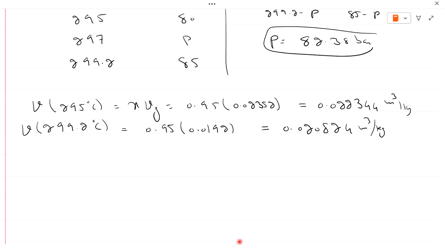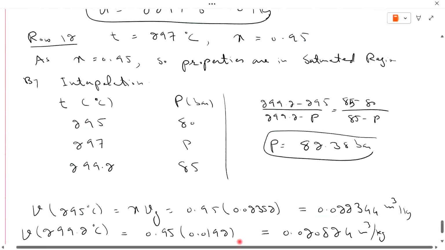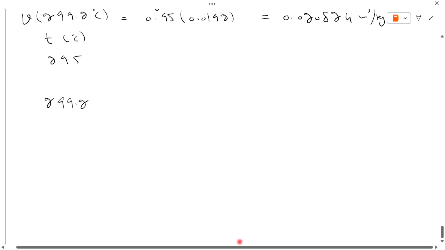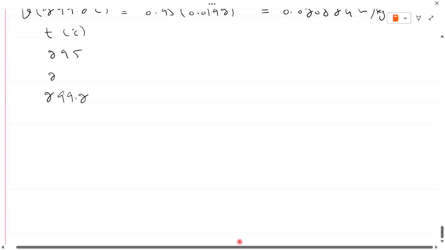Now do interpolation. Temperature in degree centigrade: 295 and 299.2 degrees centigrade are available, and we have to find the specific volume at 297.